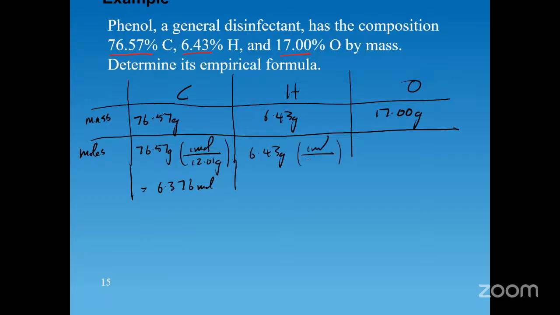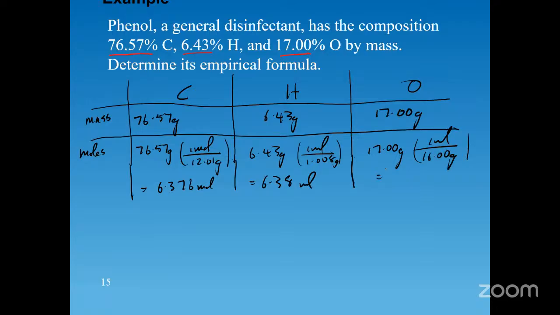And then I do a similar calculation in the case of hydrogen, 1 mole over 1.008 grams. So let's see what this gives. And according to my calculation, this works out to be 6.38 moles. And then in the case of oxygen, 17.00 grams, I'll multiply that by 1 mole over 16.00 grams.